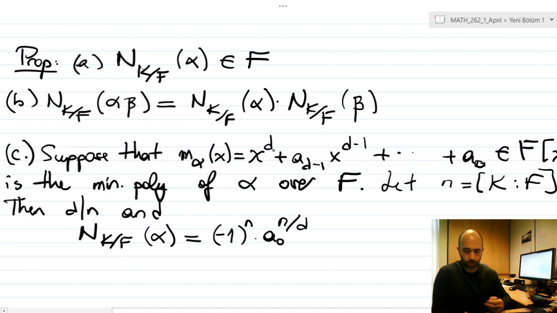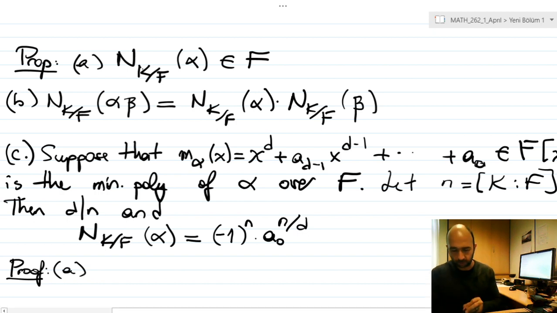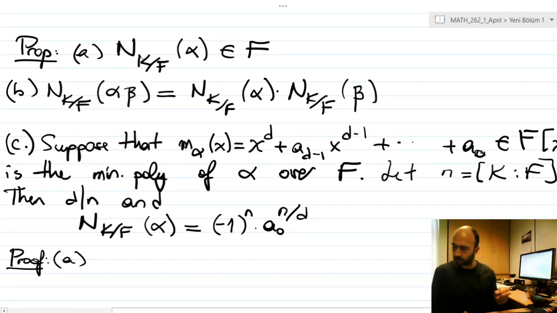Okay. Now let's try to sketch the proof of this proposition. First of all, why is this norm in the base field? By the fundamental theorem of Galois theory, we know something.